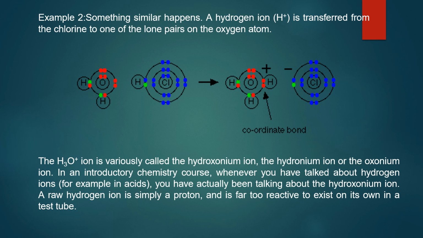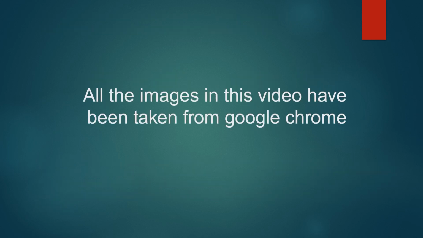This H3O plus ion is generally called the hydroxonium ion. A raw hydrogen ion is simply a proton and is far too reactive to exist on its own in a test tube. You can neglect this sentence. It is about the coordinate covalent bond formed between the H2O and HCl molecules. All these are examples of coordinate covalent bonds.